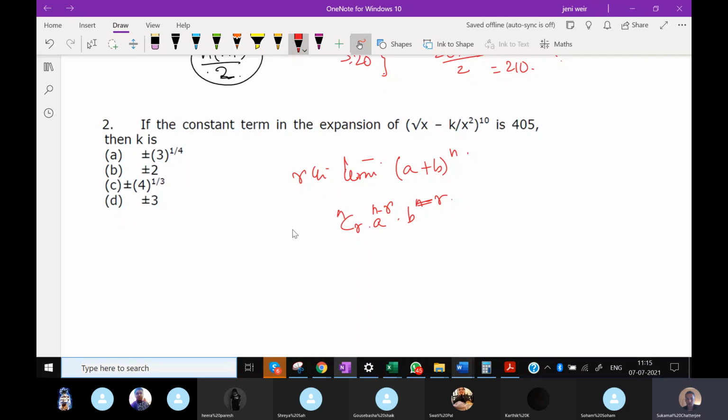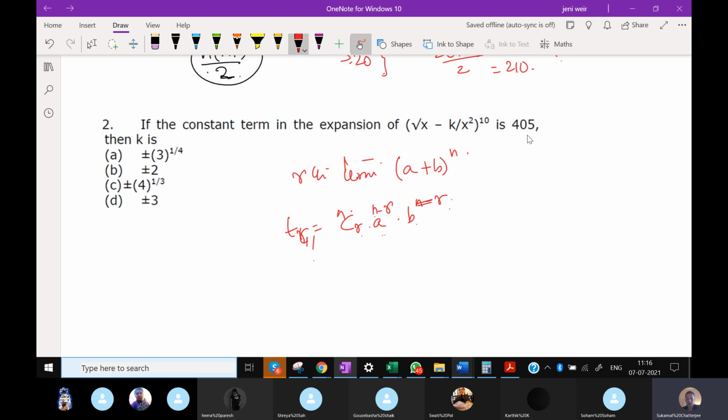Sir, wouldn't that be the r plus 1th term? Sorry, yes, you are right. This would be the r plus 1th term, correct. So the r plus 1th term would be nCr into a to the power n minus r into b to the power r, right?